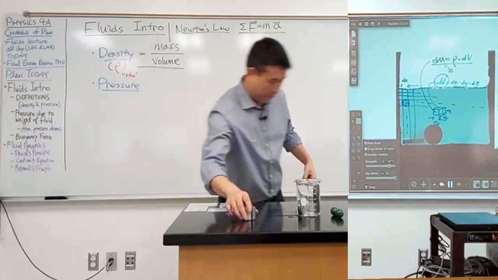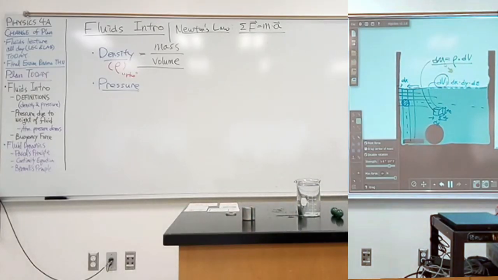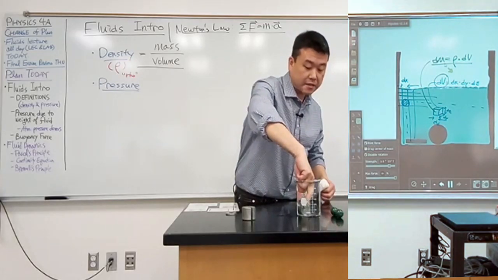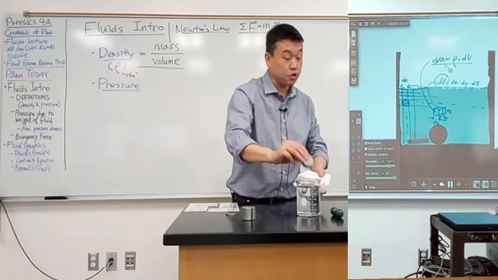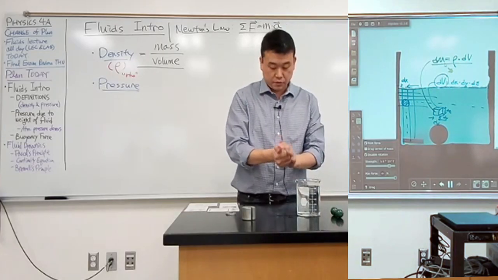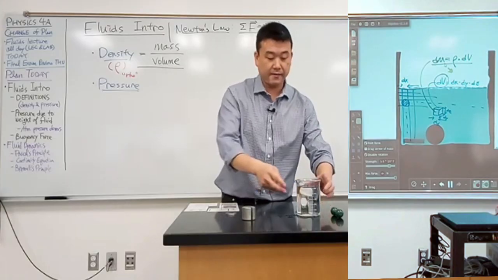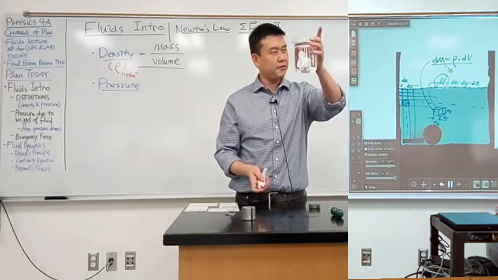So let me pull this up before it starts rusting. In your textbook, you will find a table of densities, and there are some numbers that are actually useful to know. I want to talk about the density of one substance in particular, and that's water. Anybody here know the density of water?